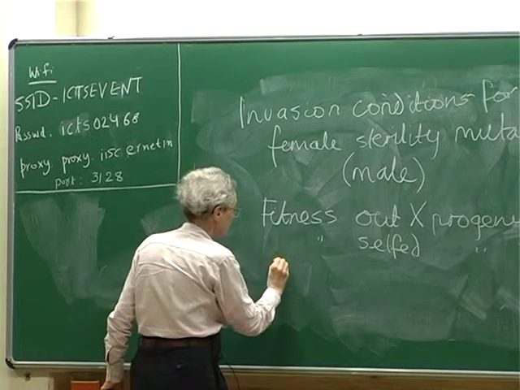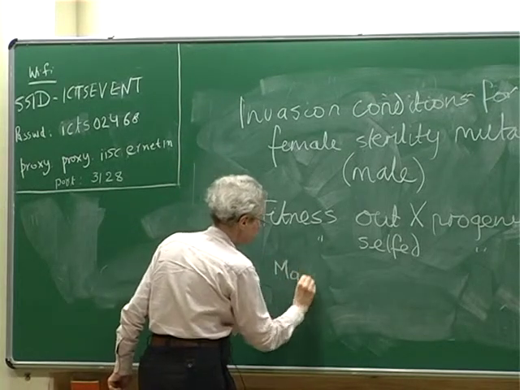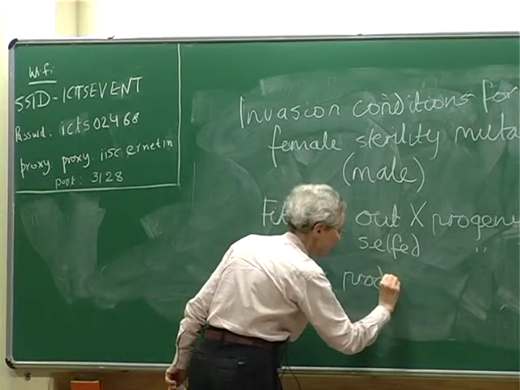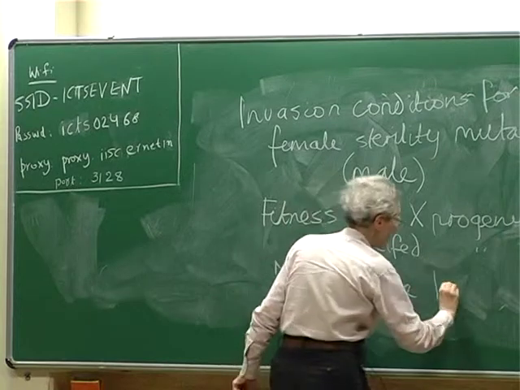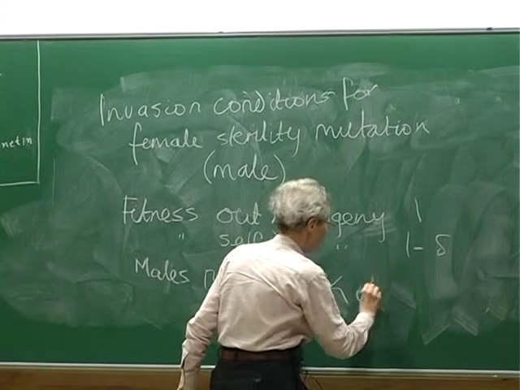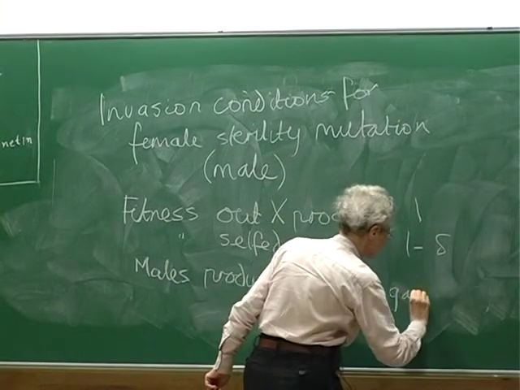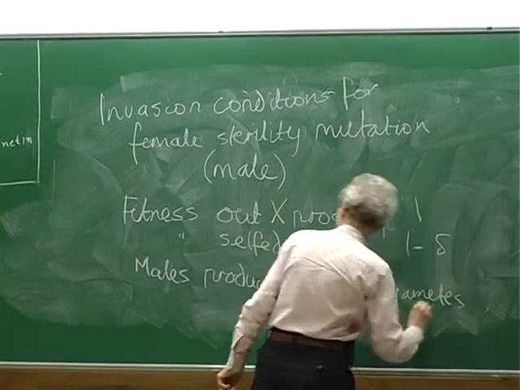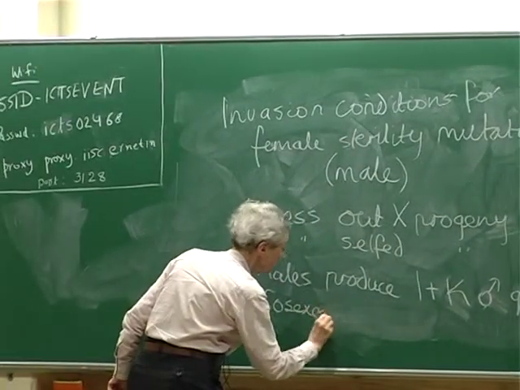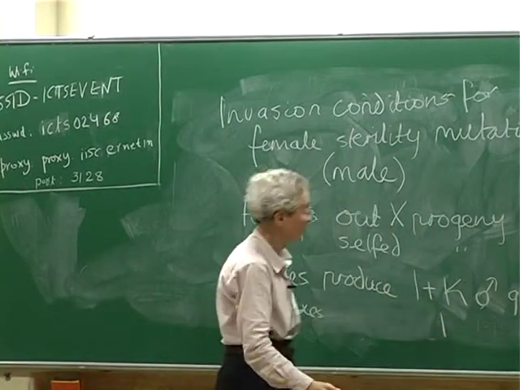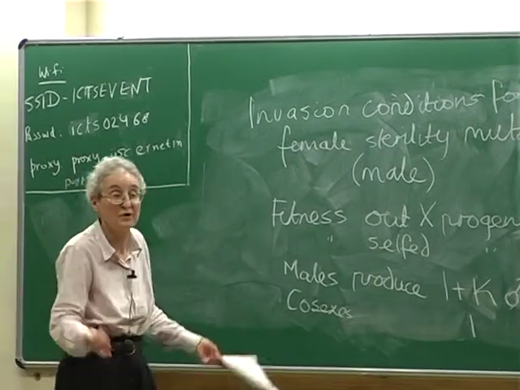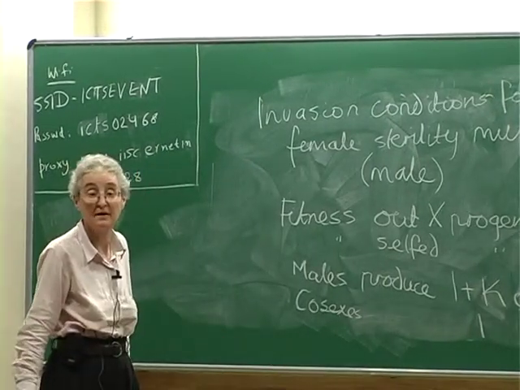So we could assume that males produce 1 plus something male gametes, whereas the co-sexes just produce 1. So we're looking at an increase relative to the co-sexes. Everything works the same, you just deal with the relative values.